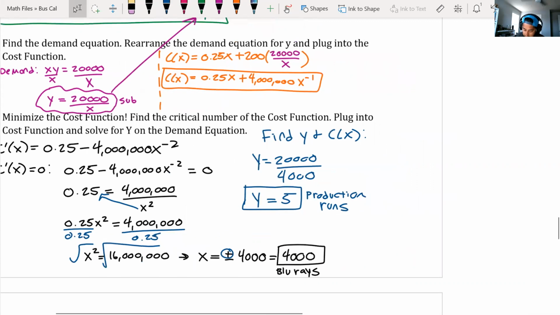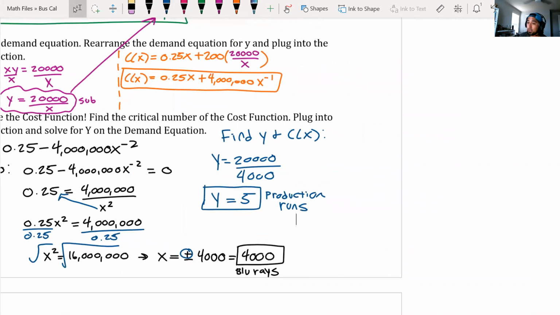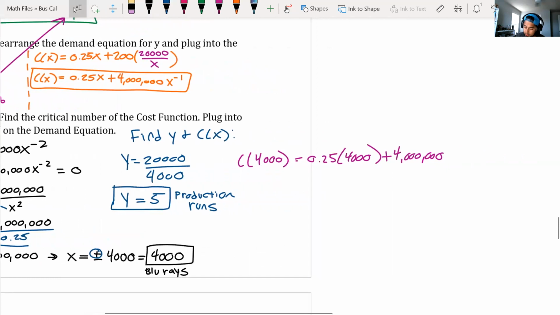Okay. And then last, plug it into the cost function. And I'll do purple. You have C of 4,000 equal to 0.25 times 4,000 plus 4 million times 4,000 to the negative 1.